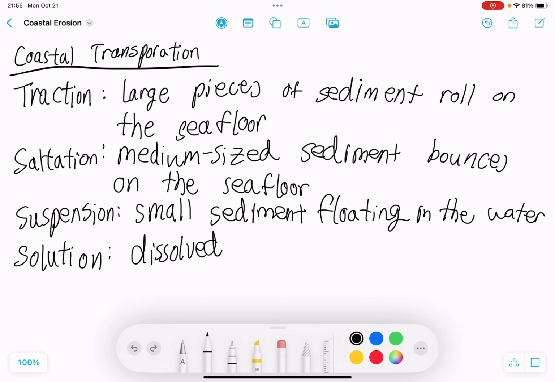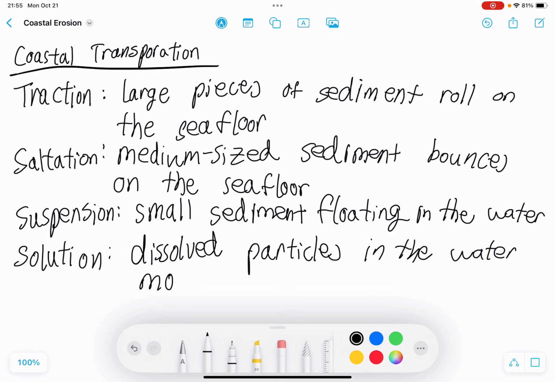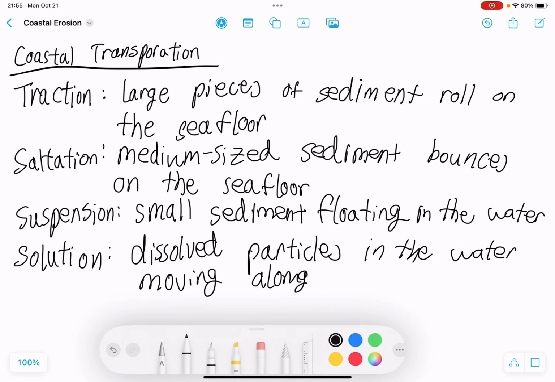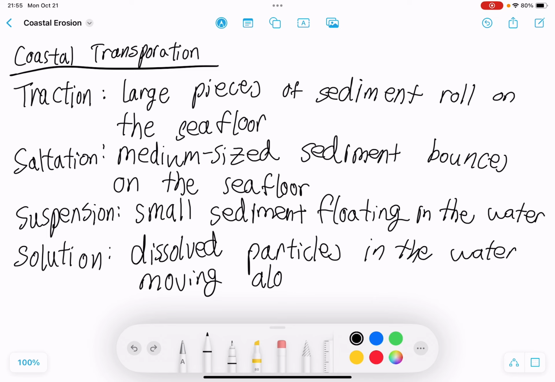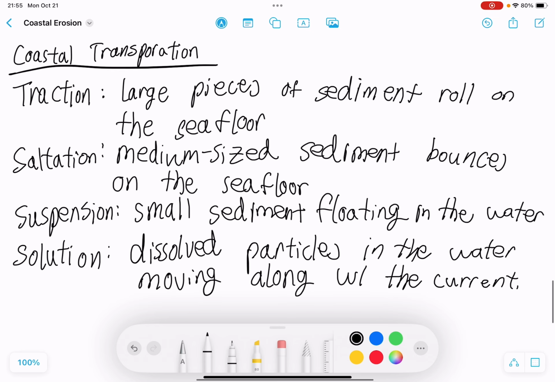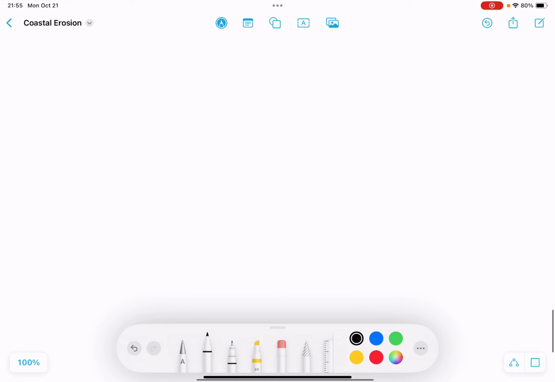So dissolved particles in the water, moving along with the current. So let me just draw all of these types of coastal transportation out.